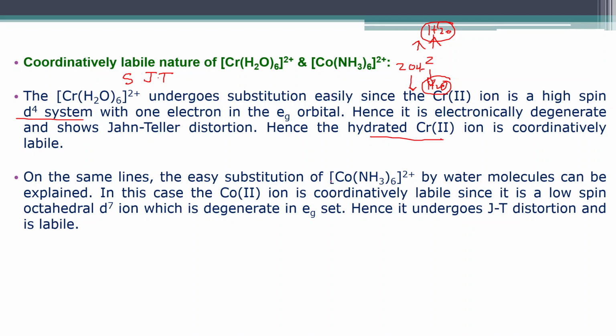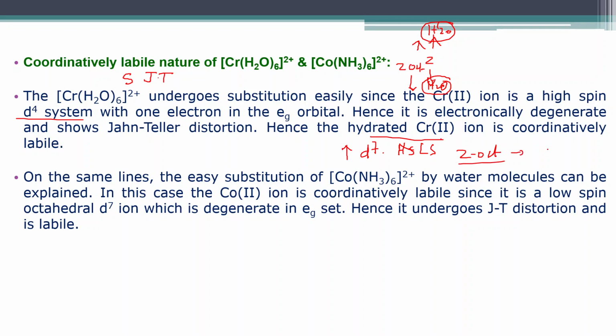And in the case of [Co(NH3)6]2+, as in the above case, we can explain this thing. It is an octahedral d7 system. It is a d7, sorry, not high spin, low spin system. And it is also showing Z-out distortion.